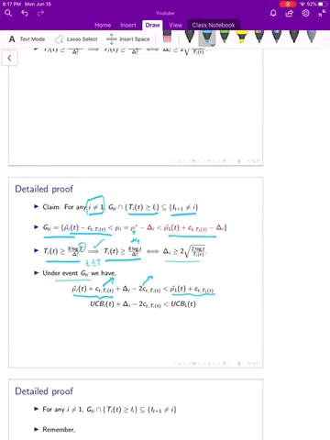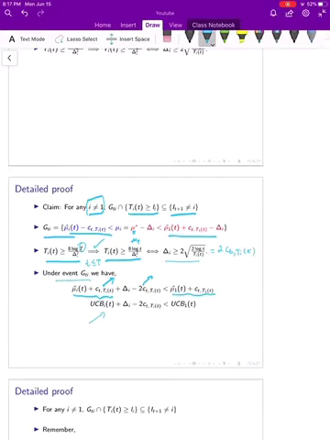So under this event G_t,i, this is true, and now this is nothing but 2 times c_t of T_i(t).